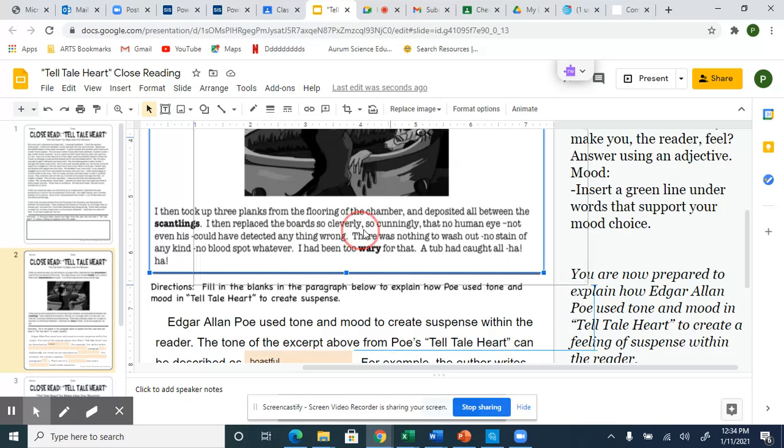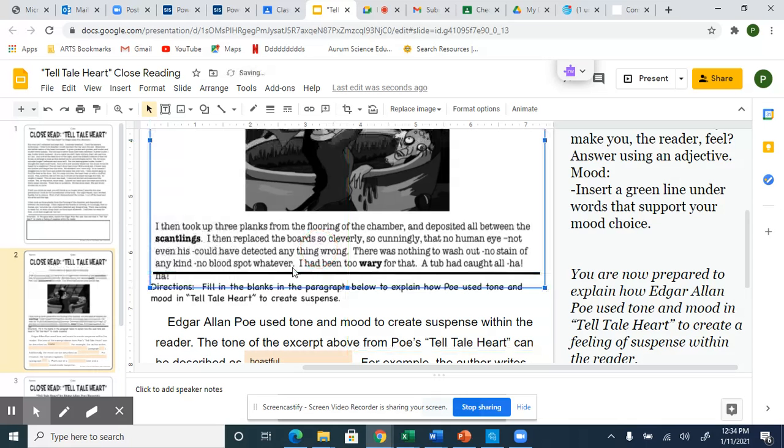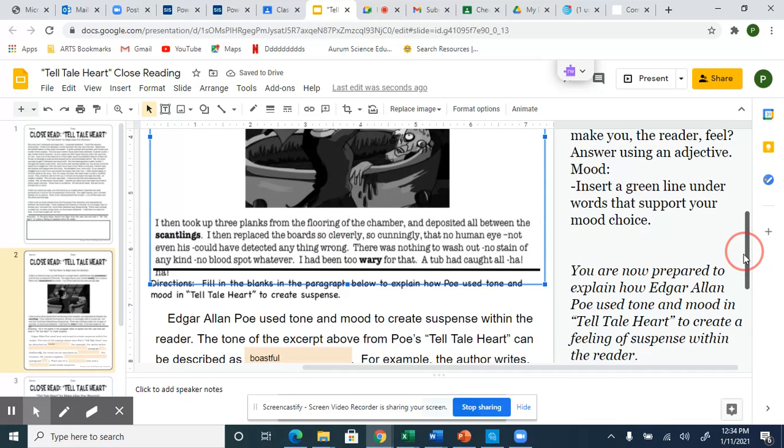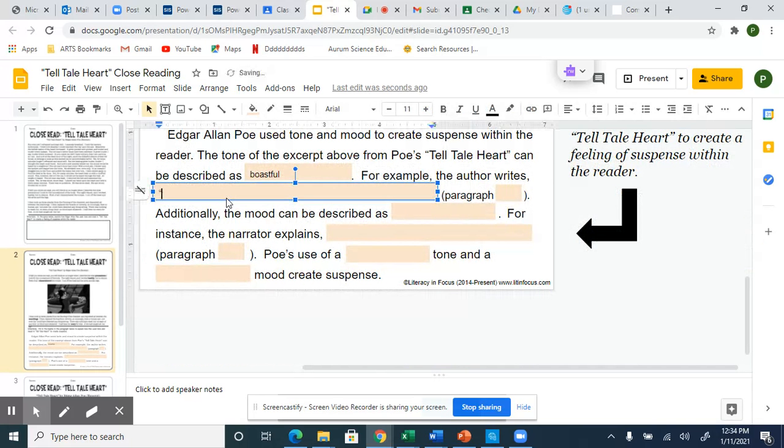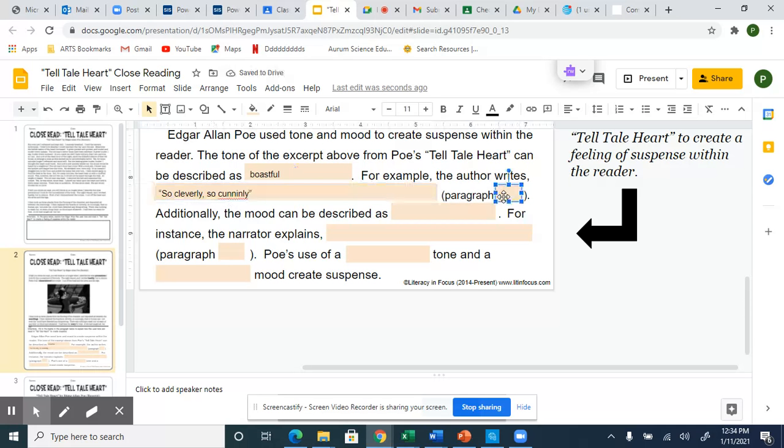Right here, "so cleverly." I don't mean to take it all. So second sentence, "so cleverly," "so cunningly." I'm going to say 1.